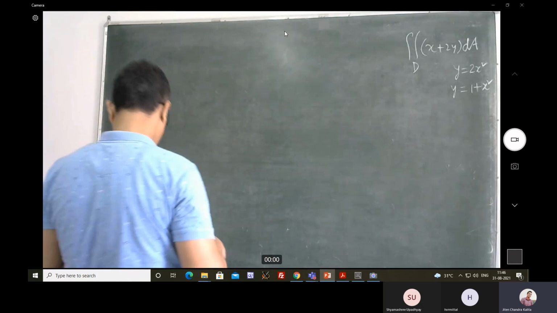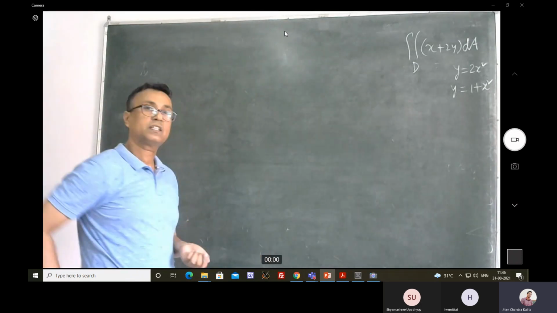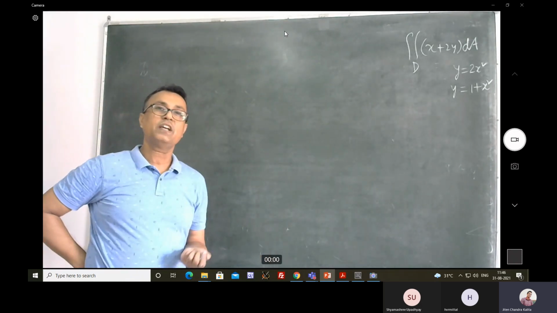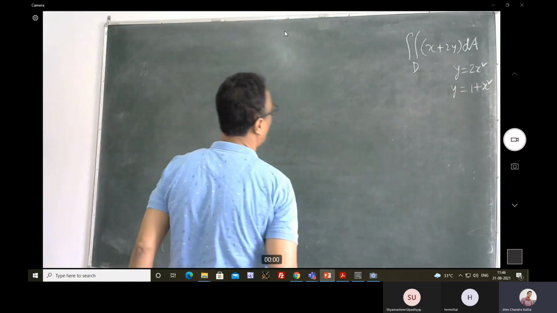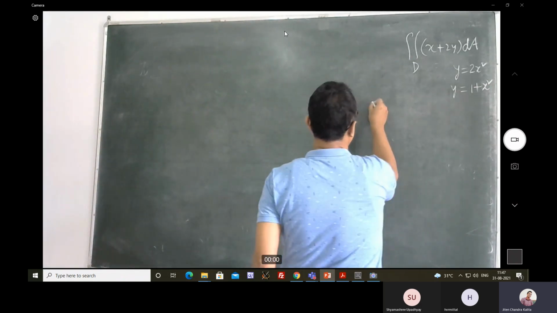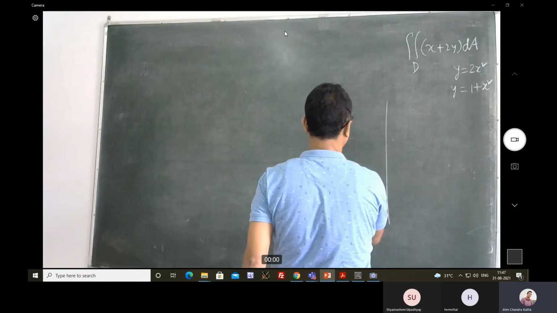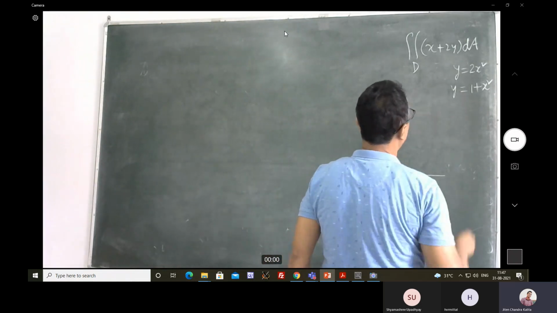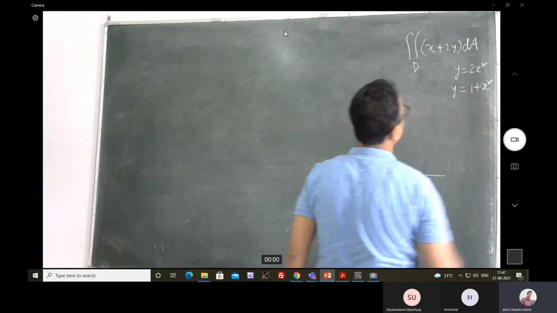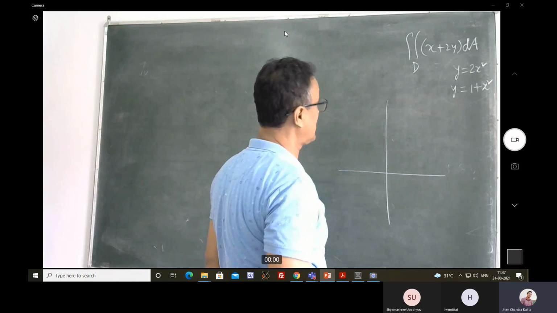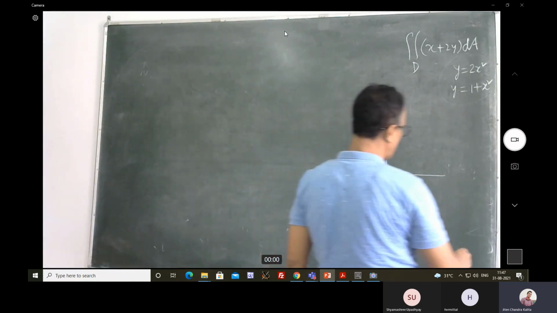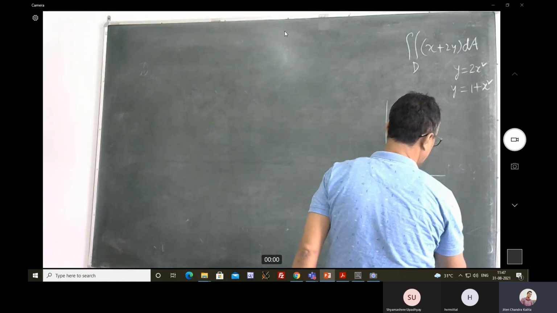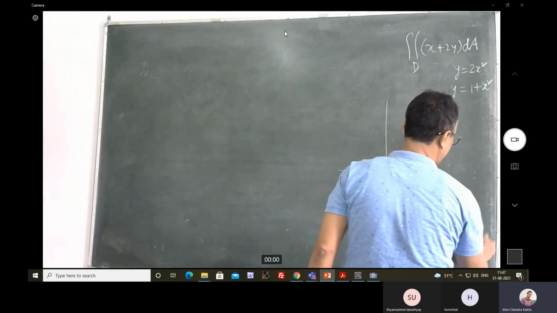As I have been emphasizing, the first thing is that you have to find the domain D first. If you want to find the points of intersection of these two curves, then 2x squared equals 1 plus x squared.